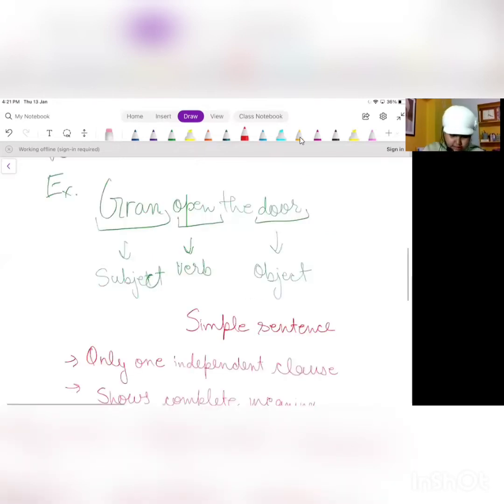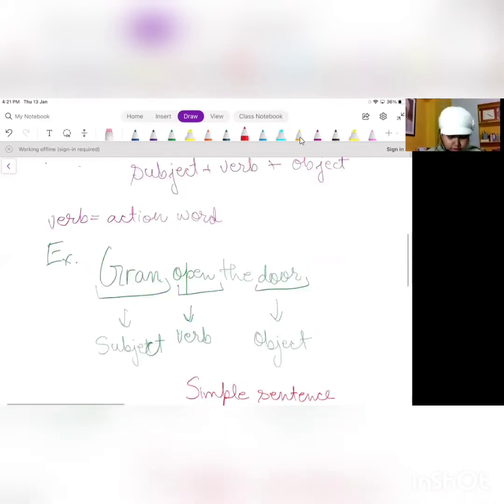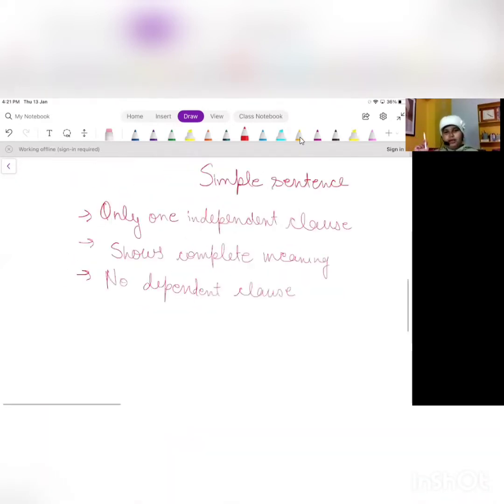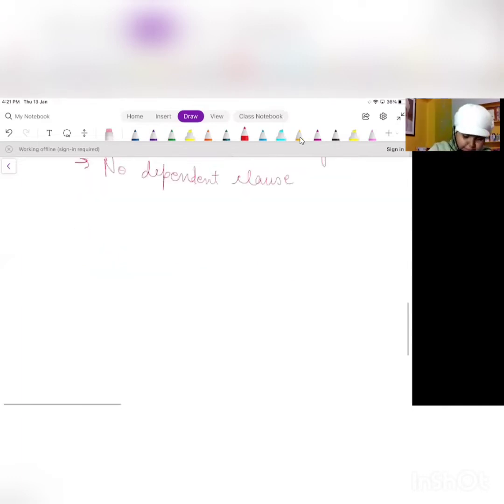As we know, dependent clause always depends on independent clause, but independent clause is independent. So no dependent clause.